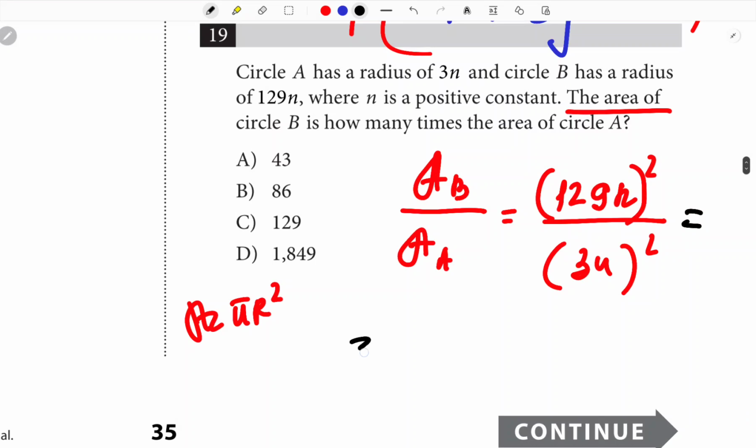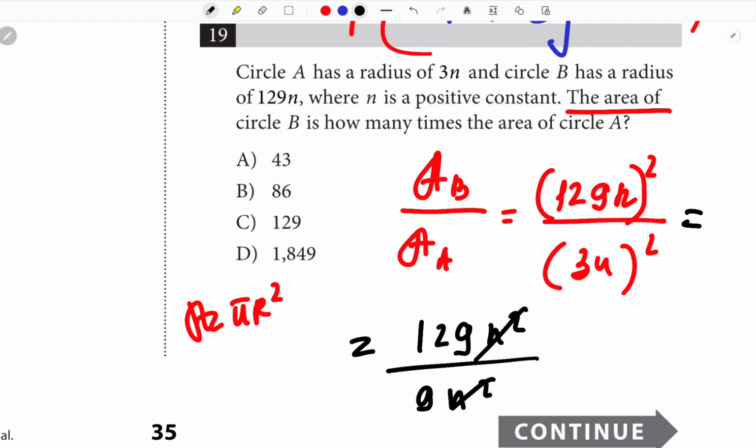So it means 129 n squared and 9 n squared. N squared cancels out, and it's also 129 squared.